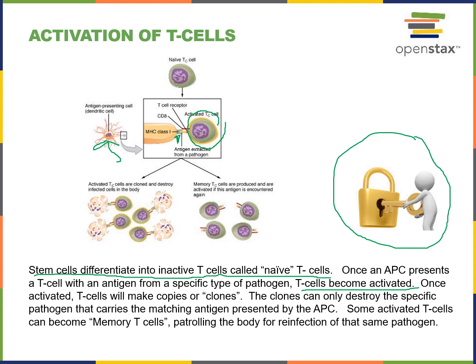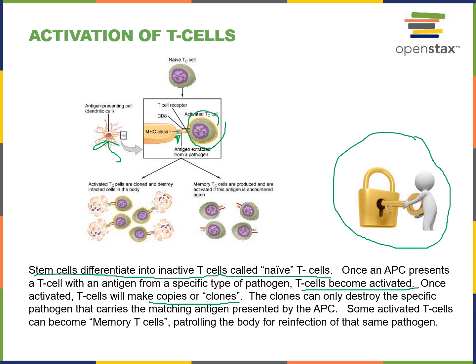So T cells, when they become activated, they will make copies. So this is called clonal expansion, because they will make copies of themselves. So they just go through rapid mitosis, right? A lot of mitosis, produce millions. So what you end up with is millions of the T cell with the type of receptor that can respond to a specific antigen, the antigen of the virus that's in your body.